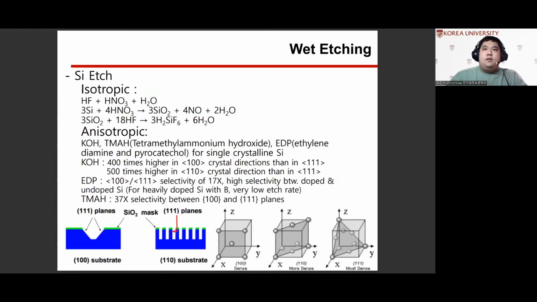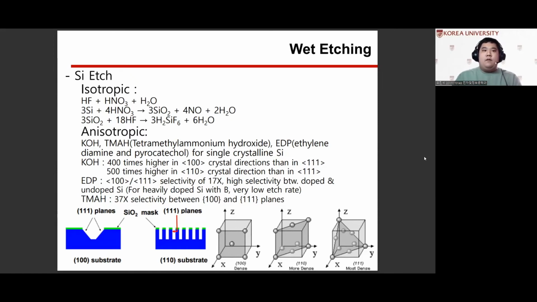Because of this etching rate difference, even if the same etching profile is used, the crystalline orientation of the silicon wafers matters.